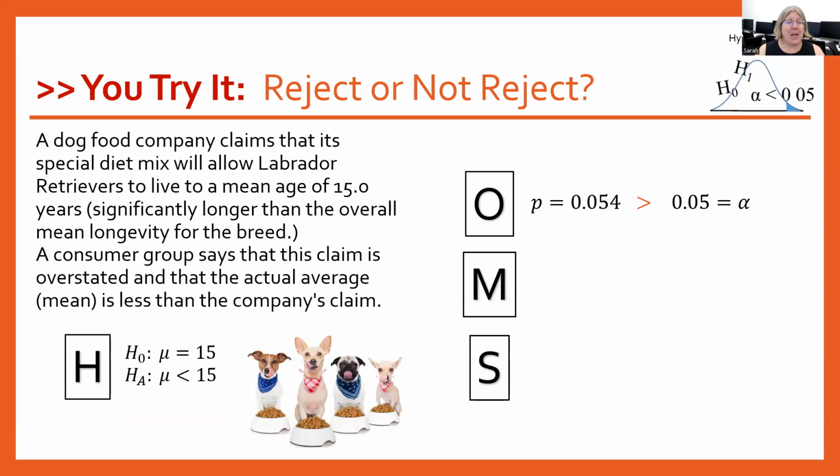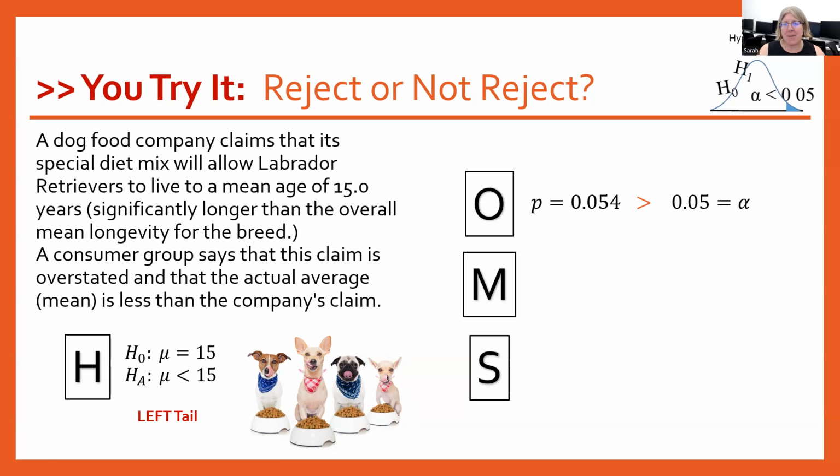A dog food company claims that its special diet mix will allow Labrador retrievers to live to a mean age of 15 years. A consumer group says that this claim is overstated and that the actual average or mean is less than the company's claim. So our null was mu is equal to 15, and our alternative was mu is less than 15. That less than is giving us a left tail test.